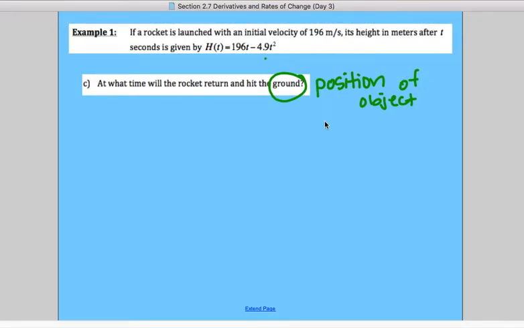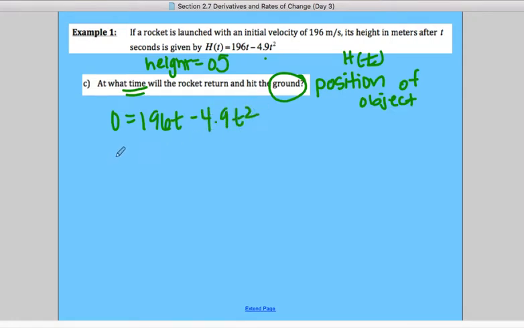All right, so our height is equal to 0. I'm saying this is function h of t, and we know our height when I hit the ground is equal to 0. So I'm going to go ahead and plug in 0 right here. So I'm plugging in 0, and do you see how it says at what time? So I'm solving for t. Then from here, I see it's a quadratic, but I can actually factor out a greatest common factor of t.